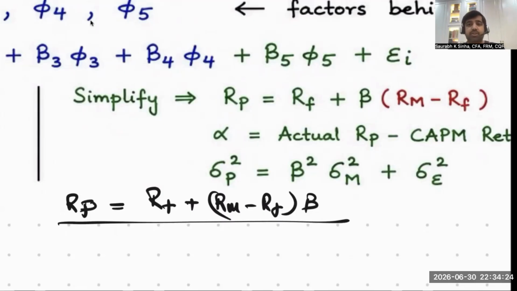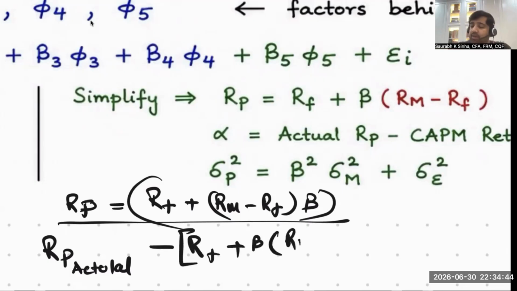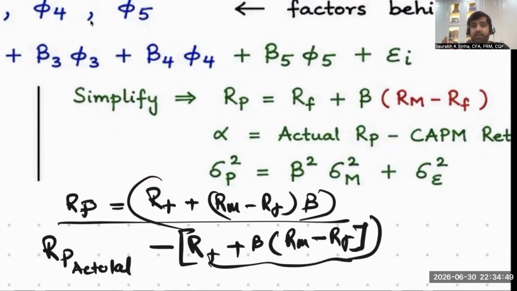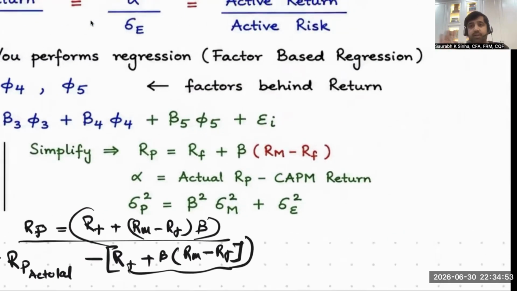But when you calculate the actual portfolio return and compare it with the return predicted by the factor, RF plus beta into (Rm minus Rf), the difference between the two is alpha.